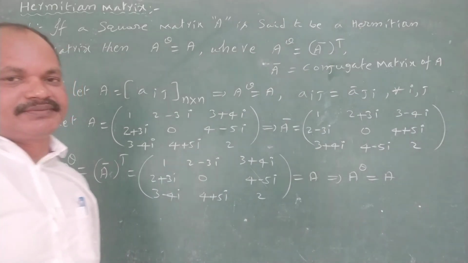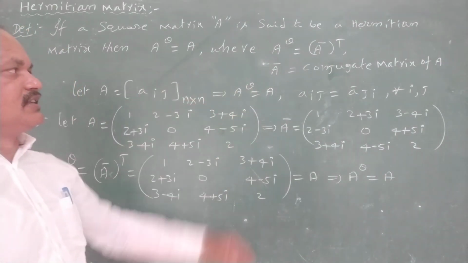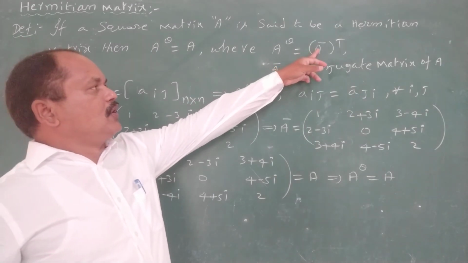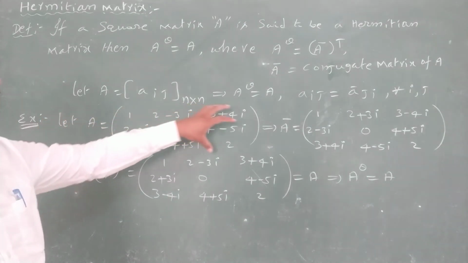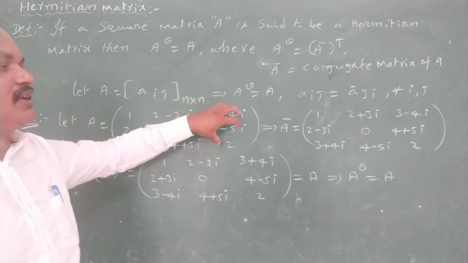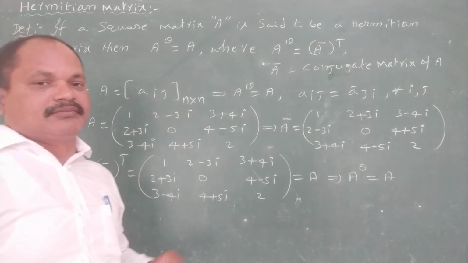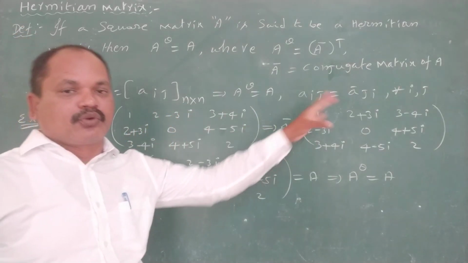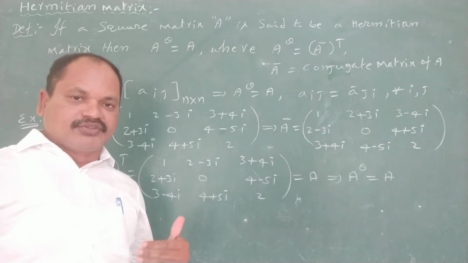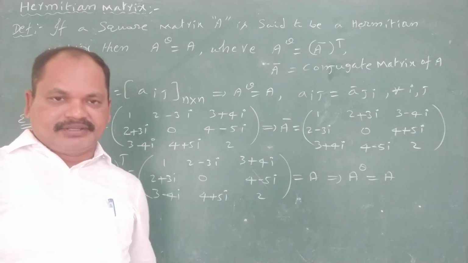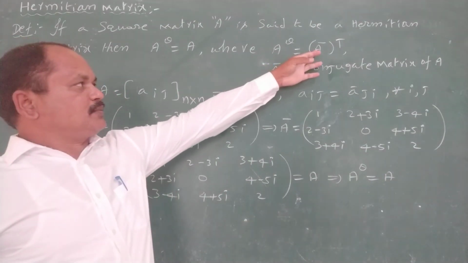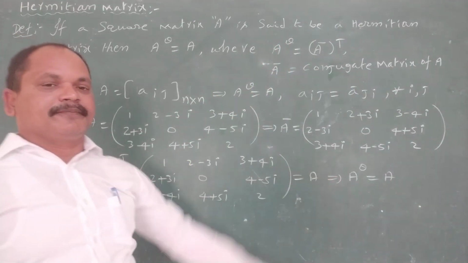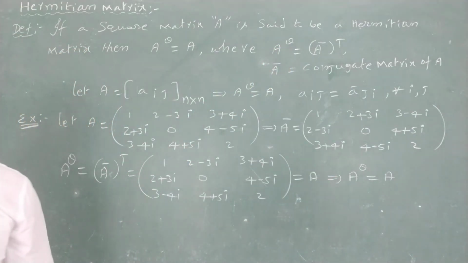A bar represents the conjugate of A. So definitely, in a matrix involving complex numbers, for A bar we have to write conjugate complex numbers. The conjugate of a plus ib is nothing but a minus ib. So the conjugate transpose is nothing but A power theta, and it gives A. Okay. So this is the complete concept of Hermitian matrix.